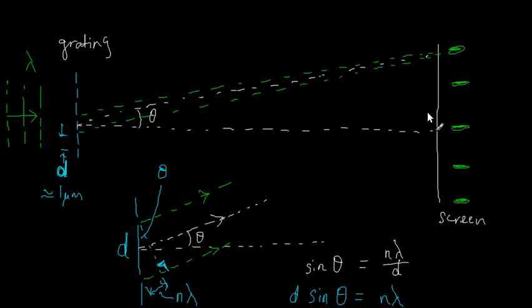And as to the value of n, it is related to the fringe that we're looking at. For the central fringe, n would be 0, because the central fringe is at the same distance from the two slits, or from other slits as well, because remember that the grating is very short compared to this distance.